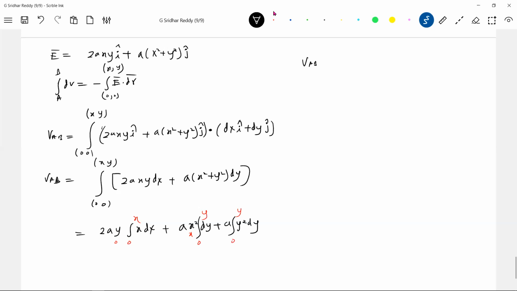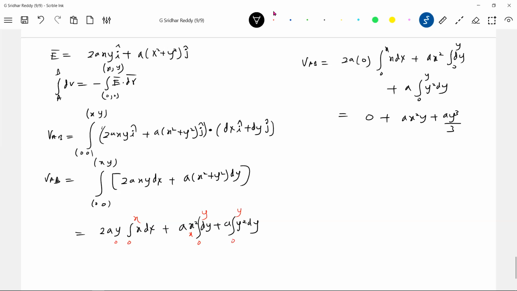So VAB is equal to 2a. The value of y is 0, so this will be 0 to x, x dx. No need to integrate, just leave it here. Plus, already I integrated along x, so this will become ax square integral of dy. Let me write one more step: then ay square dy, 0 to y. So this will be ax square y plus ay cube by 3.